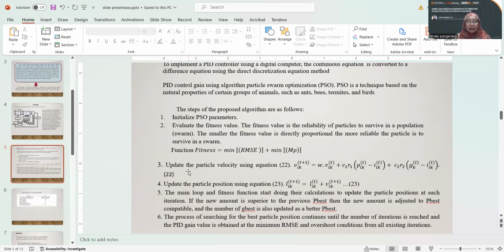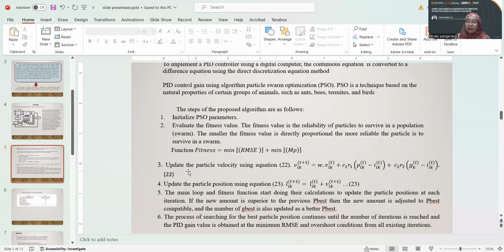Step 3, update the particle velocity using equation 22. Update the particle position using equation 23. The loop at the fitness function starts doing the calculation to update the particle position in each iteration.